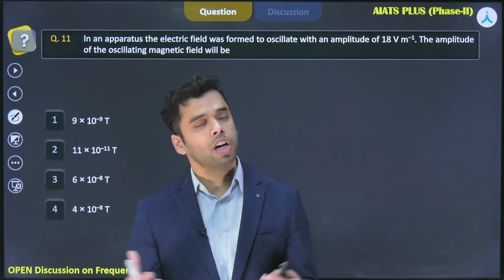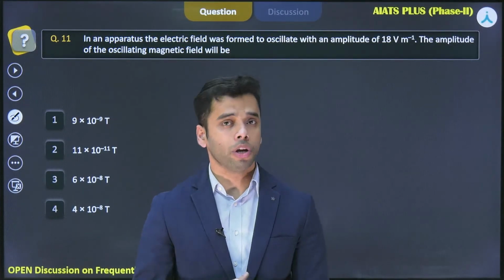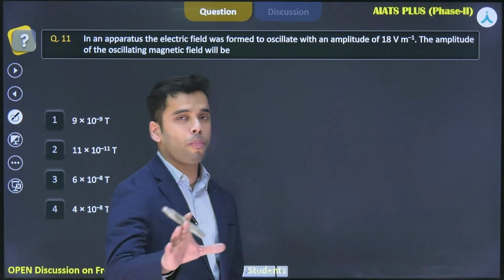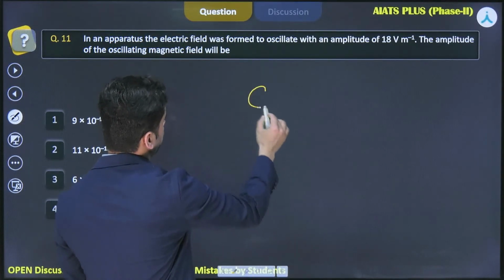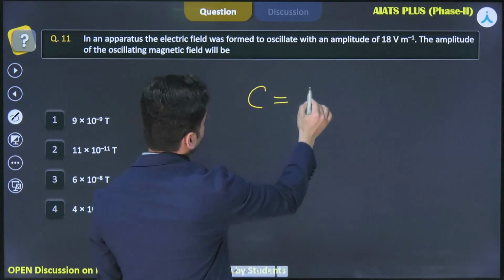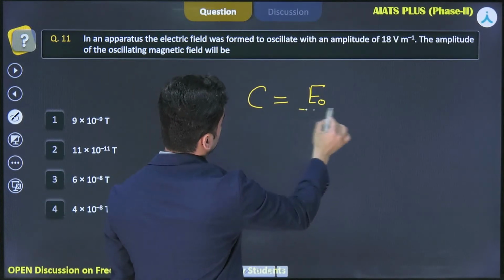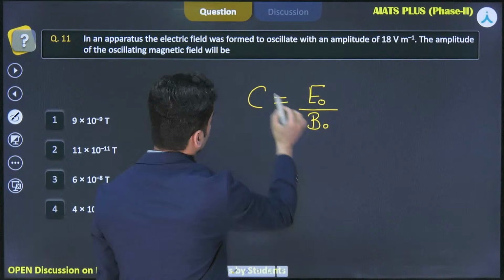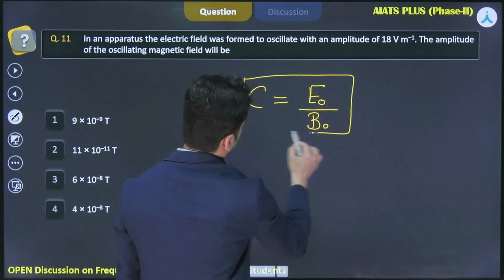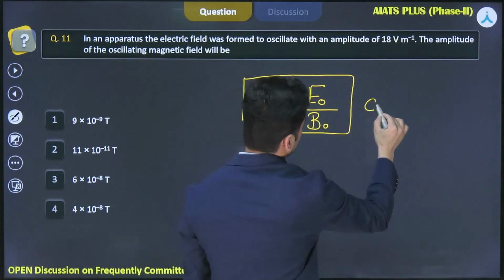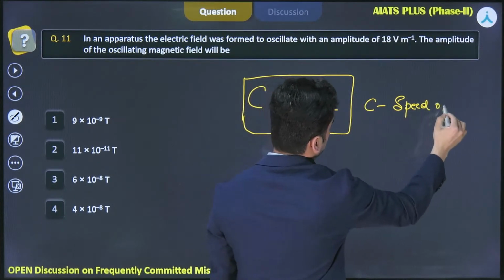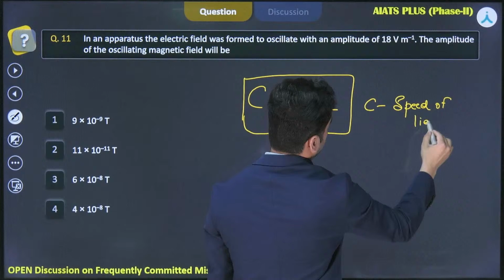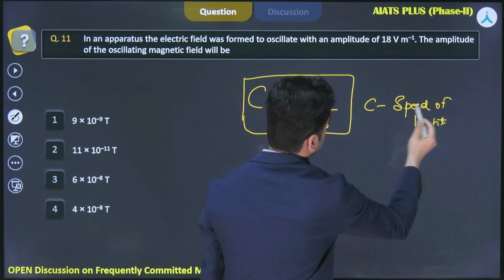If nothing is given, we assume that this electromagnetic wave is going in free space. So from the properties of electromagnetic waves, if the wave is going in free space, C should be equal to E naught by B naught. What is E naught, what is B naught, and what is C? C is the speed of light, and the EM wave is going in free space with the speed of light.